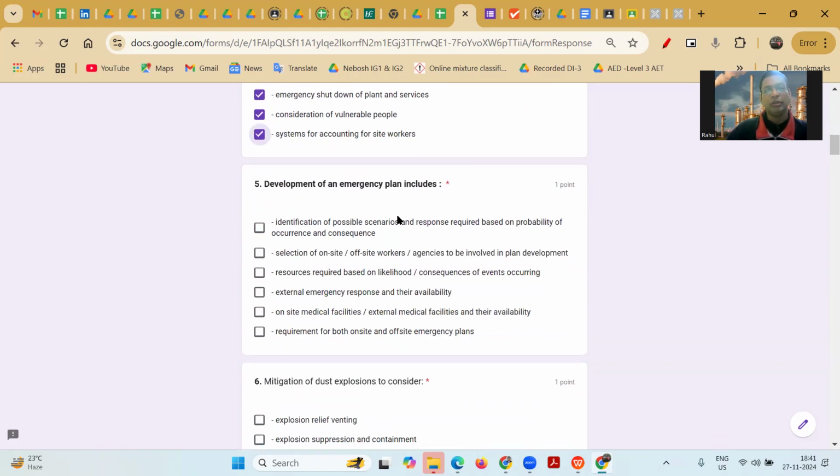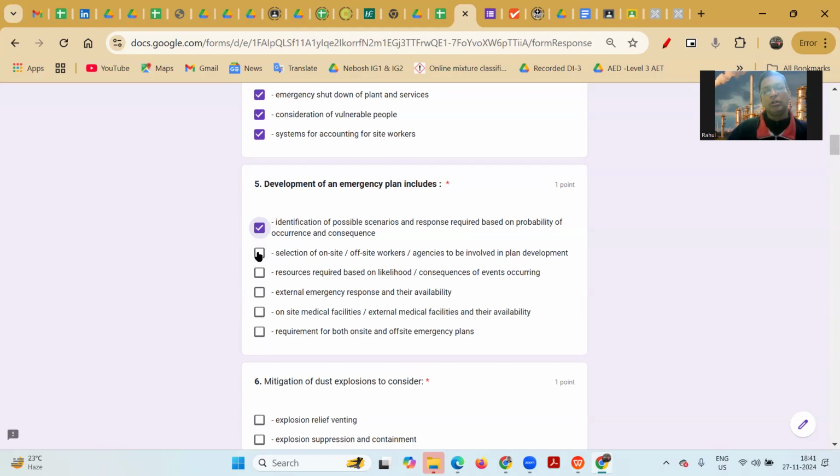Now, development of an emergency plan includes. So development of an emergency plan, like identification of possible scenarios. We have to discuss the particular scenario, like in a tabletop exercise or a full-scale exercise.